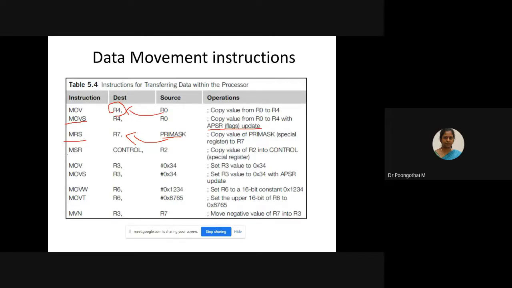Next, MSR. Roll number 30. Yes, ma'am. Tell me the answer. I'm moving the R2 value to a special register. What is this register? Control register. What is the purpose of this? Do you have any idea about it?